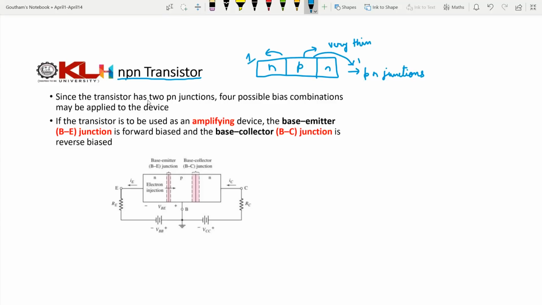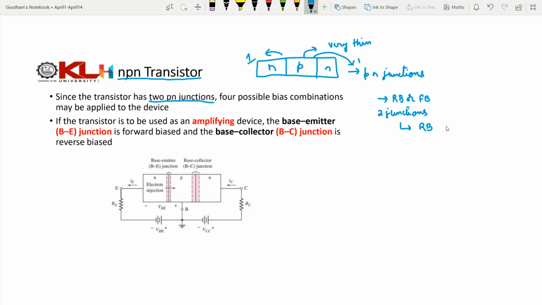So any PNP or NPN transistor has two PN junctions, and each PN junction is capable of being either in reverse bias or forward bias. Because we have two junctions, four possible bias combinations are possible.